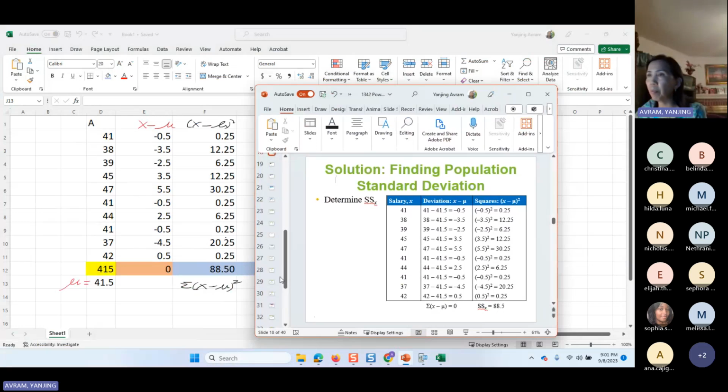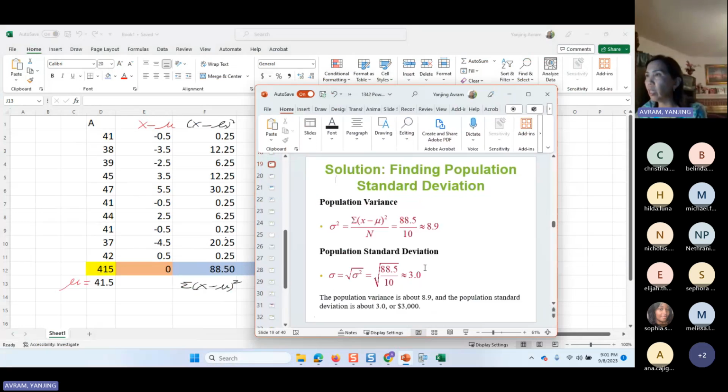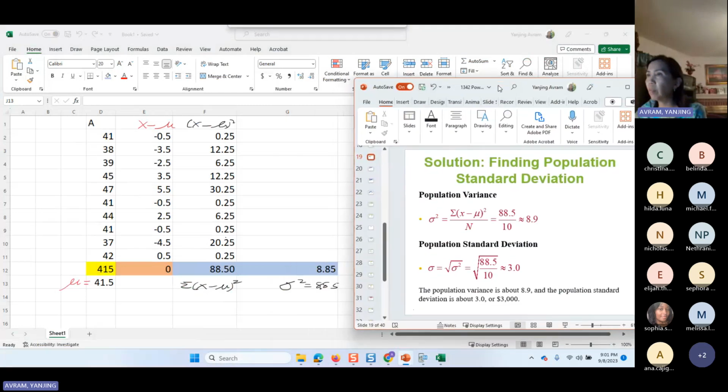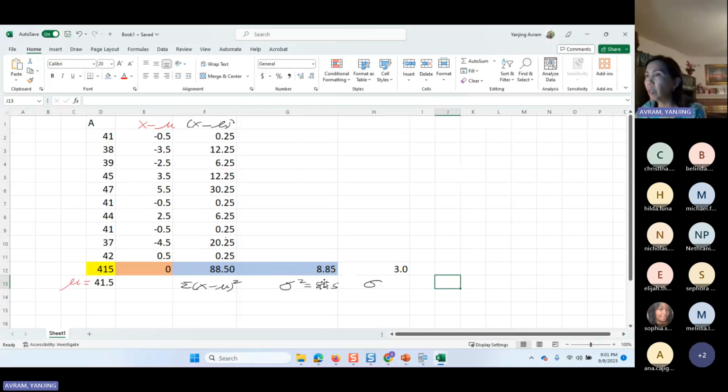You add them together, we got 88.5. That's exactly the same, right? And then you divide by n. So you have this one divided by 10. So you got 8.85 or 8.9 for the variance, and then take the square root, you got a standard deviation in here.